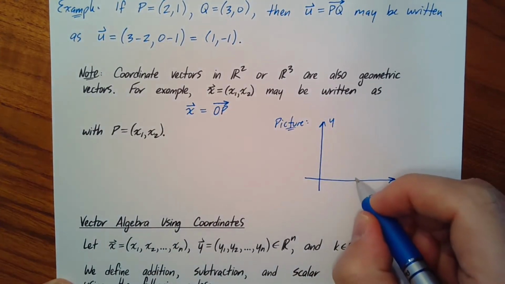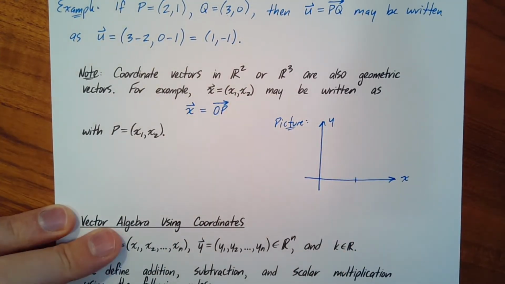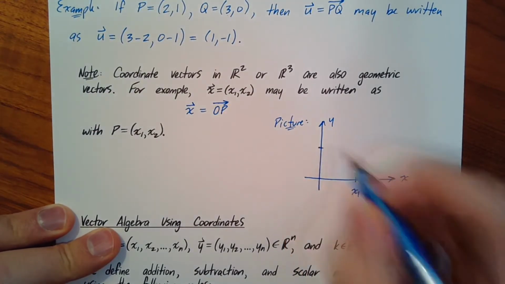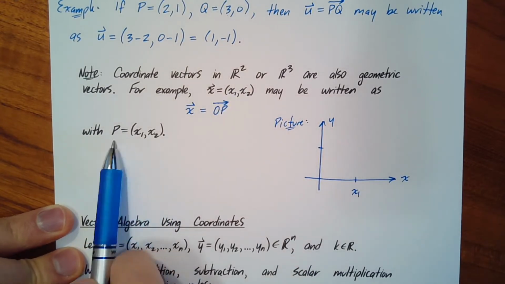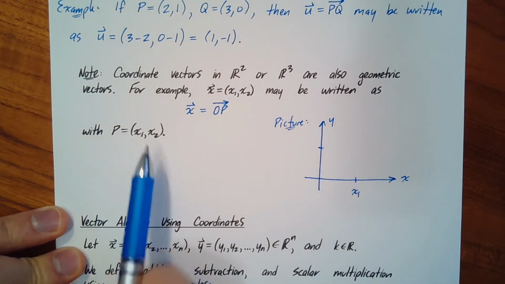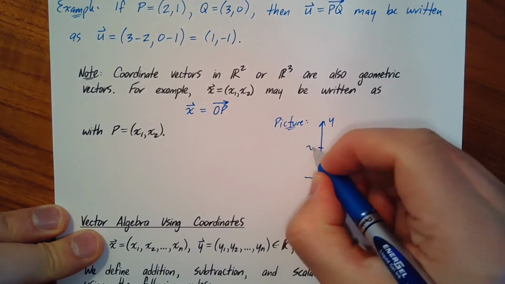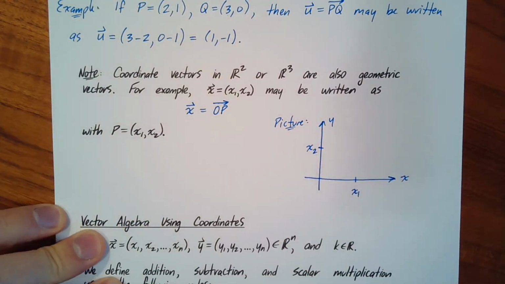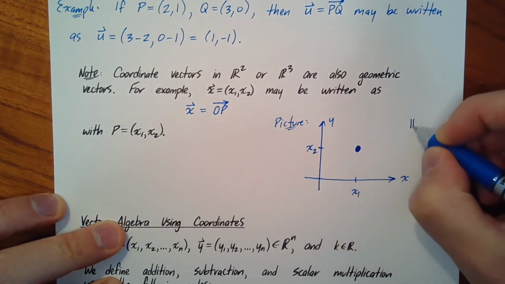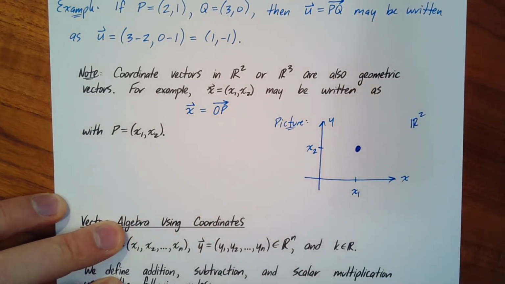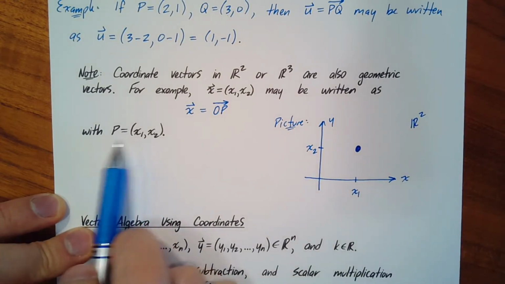So let's label those on the x and y axis respectively. x1 goes on the x-axis, and x2, if I were to interpret this as a point like we're doing down here, the second coordinate is really a y coordinate, so I'm going to call this x2 up on the y-axis, and there's a point now in the Cartesian plane that has those coordinates, and we're going to call that P. That's really what's happening down here.